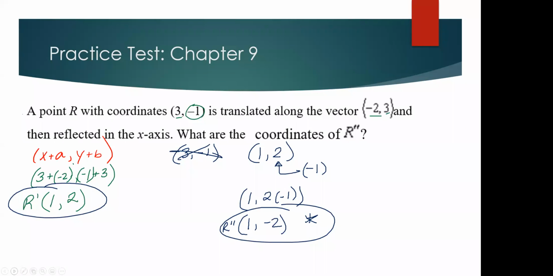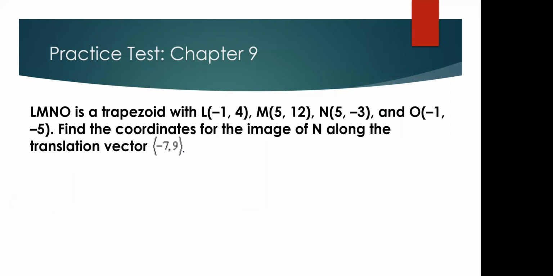Okay. All right, and then the next one says, LMNO is a trapezoid with coordinates, then it gives you the coordinates of each of the points. Find the coordinates for the image of n along the translation vector -7, +9. So we only need these coordinates here, this 5 and -3, because it's only asking about n. Remember we're going to take the x value and add the value of a, and then the y value and add the value of b in order to get that translation.